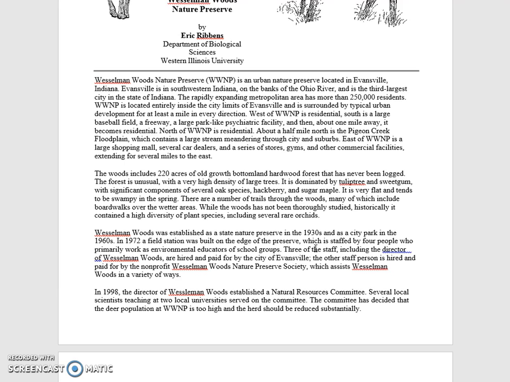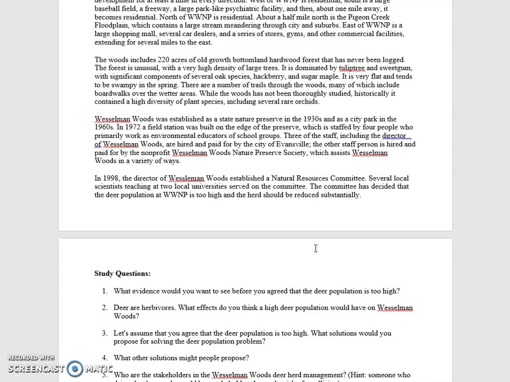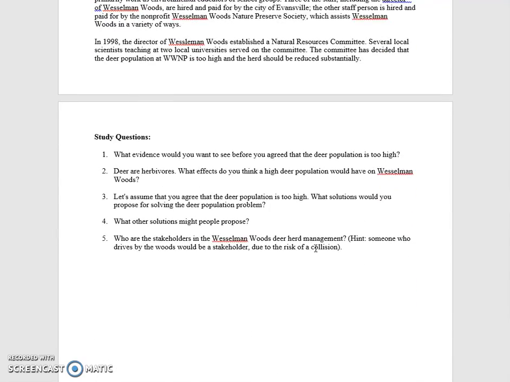I also show them a map of Wesselman Woods in the greater Evansville area so they can see that. And then they open with some study questions that get them into discussion. So they talk about that. It gets them thinking about this issue.